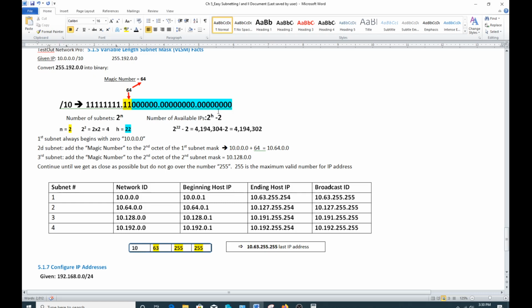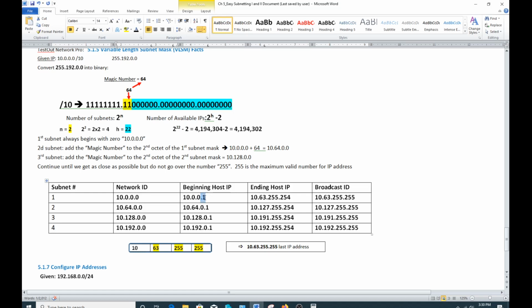What is h? H in this case is 22 because you count these 0s right here. There are 22 0s. So the total IPs available for us to assign to a network device or host is 4,194,302 IP addresses.